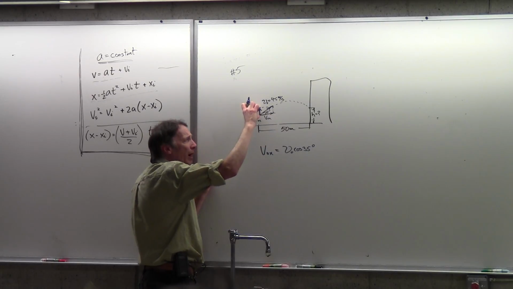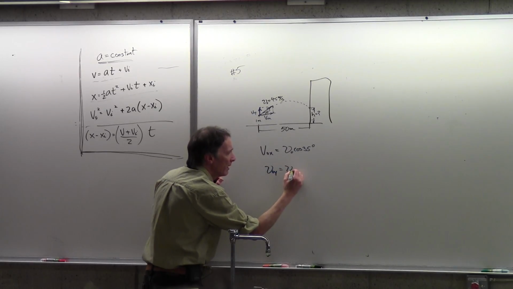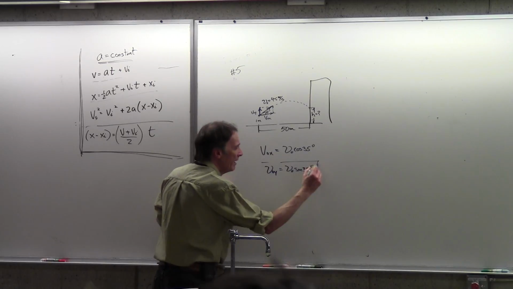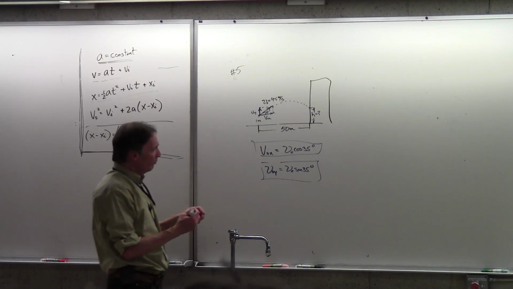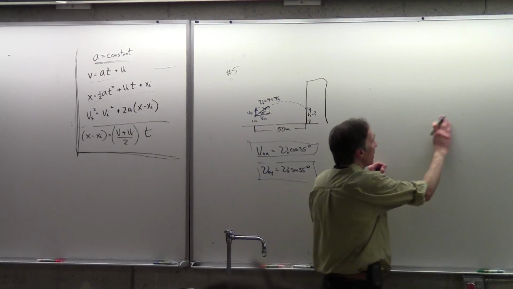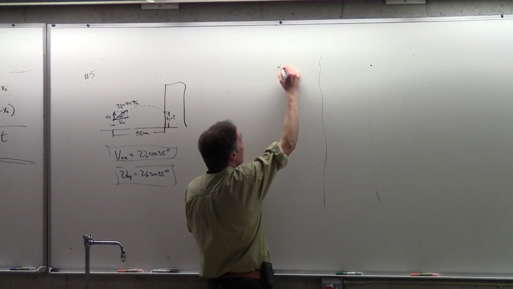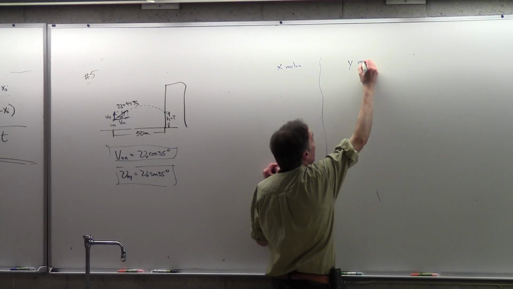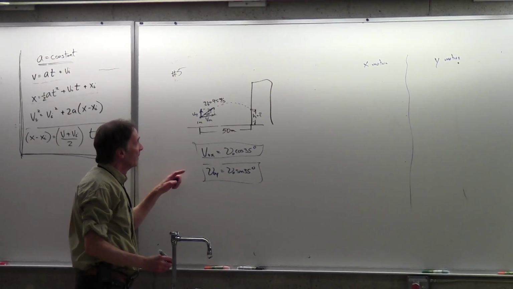V initial in the y should be equal to v naught times the sine of 35 degrees. So this is how we need to break this down. And then what we're going to do is similar to the last problem. We'll deal with the x motion and the y motion rather independently.